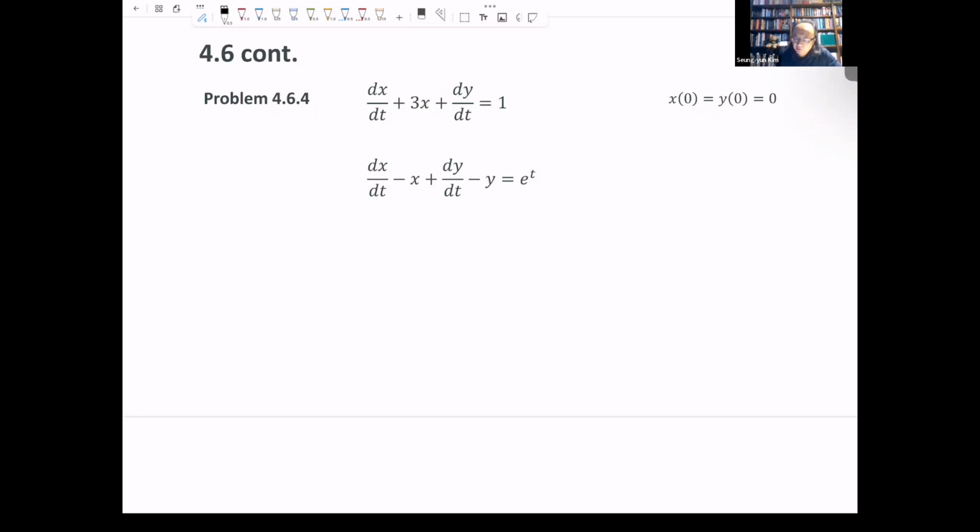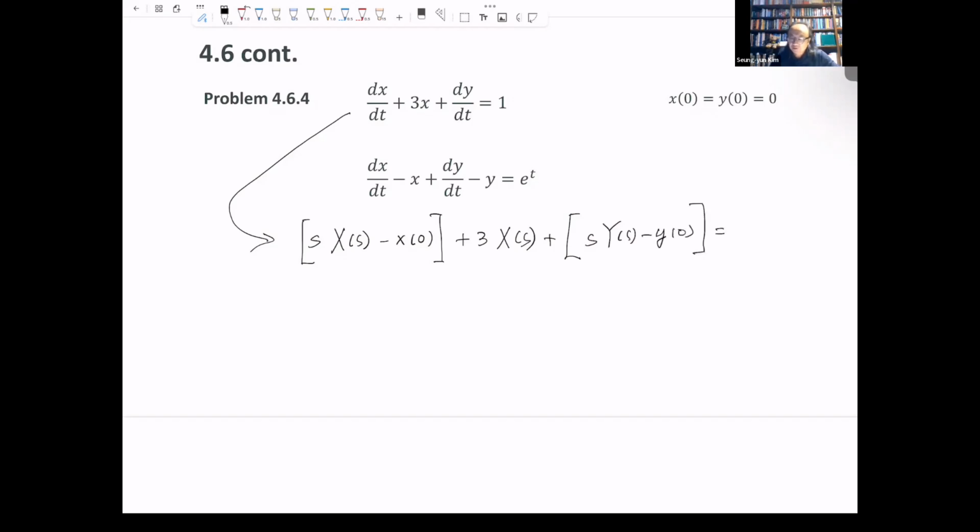So the first equation, we have s X of s minus x of 0, that's dx over dt, plus 3X of s plus s Y of s minus y of 0 equals the Laplace transform of the constant 1, which is 1 over s. So everything is in the s domain.